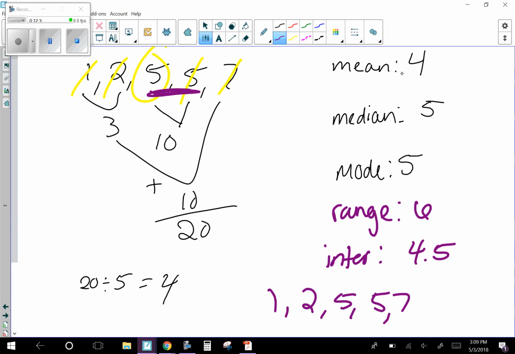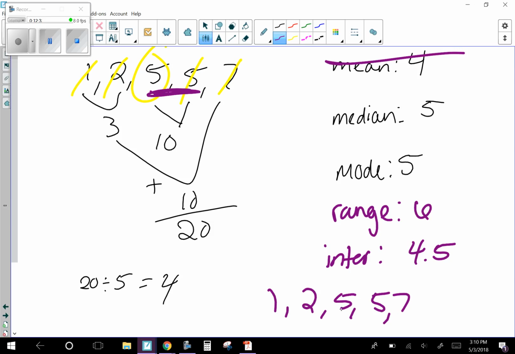Okay, so using this information, let's look at 4. 4 is greater than 1 and 2, but less than 5, 5, and 7. And probably not my best. The median, 5. 5 is equal to 2 of them, greater than 2 of them, and less than 1. That's a pretty good one.